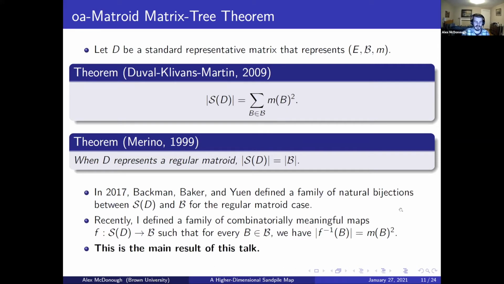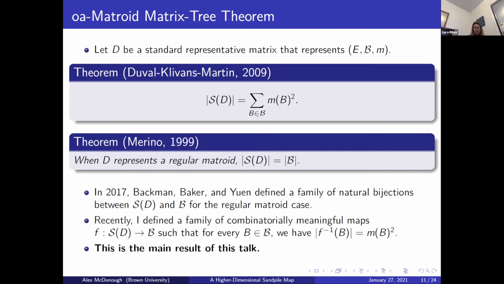This is the main result of this talk. So I'm going to leave it for a minute and let people let this sink in. Everything is on this page, and see if you understand why I want to do this and why this is sort of like a bijection, even though it's not really a bijection.